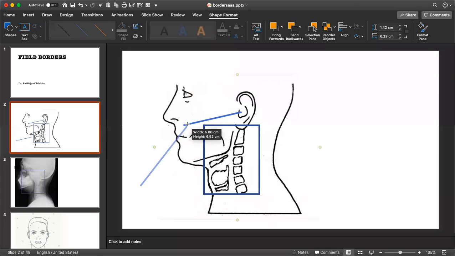The anterior border would go through the angle of the mouth. Anteriorly, it's at the angle of the mouth. As far as posterior and inferior is concerned, the concept is the same. So this is how it will go for the skin marking.